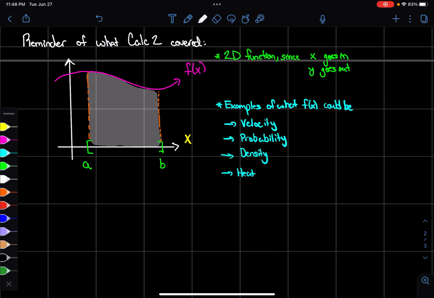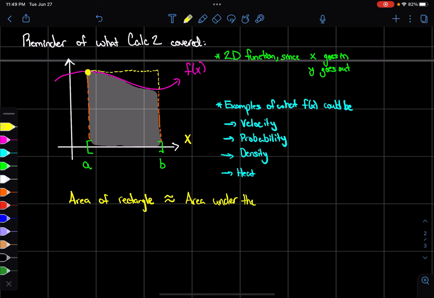We started off with this idea of a Riemann sum. We said, okay, we didn't have any tools, so what if we just take an endpoint here and we approximate the area by saying that the area of this rectangle approximates the area under the curve.